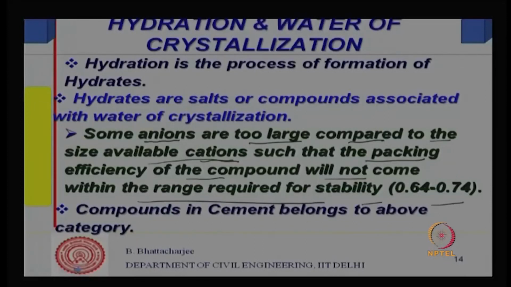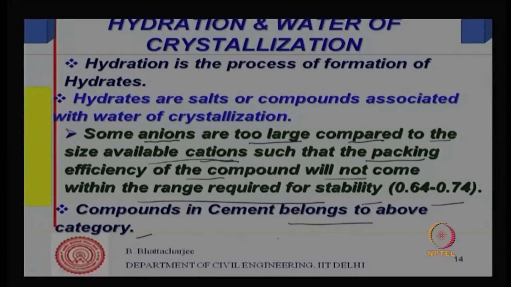And when you do not have a stable packing density, they actually take water. Well, cement belongs to this kind of compounds, because calcium cations are small, and these small calcium cations with large anions do not give a stable packing, the packing density is not stable. And in such a situation, what happens?